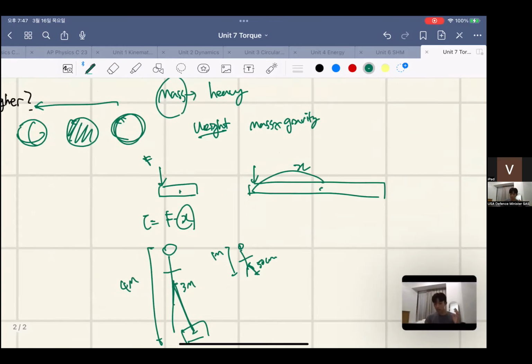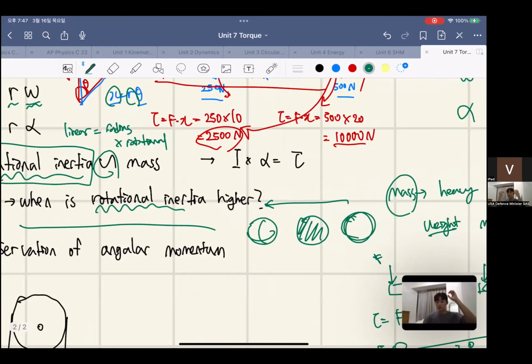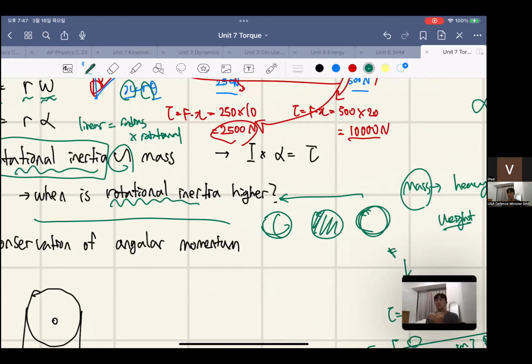Again, using this leg-lifting analogy, you can see how if the mass is more widespread, it's going to be harder to rotate the object. That is why a ring, whose mass is more widespread, would be harder to rotate.